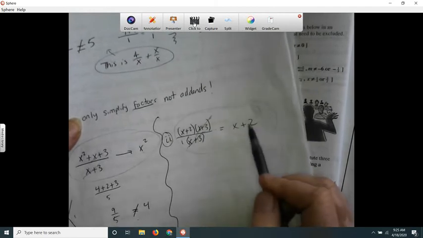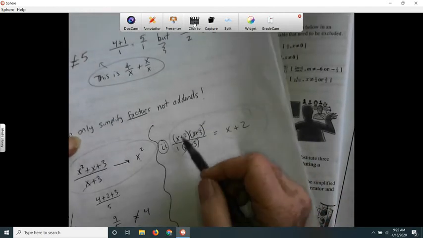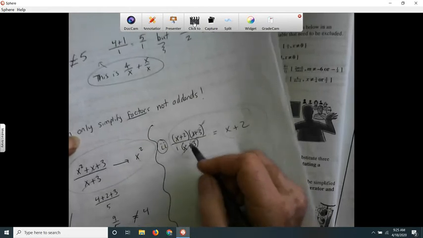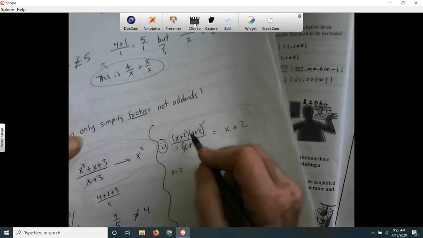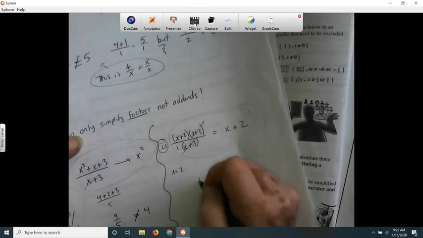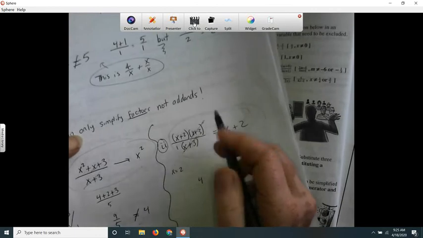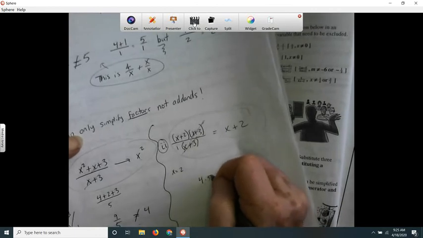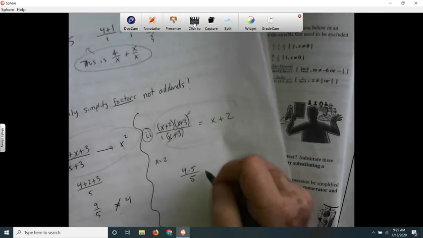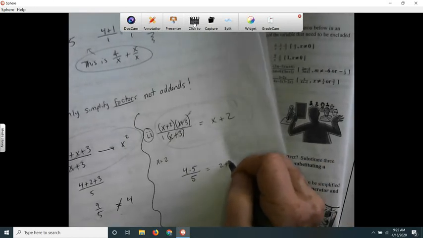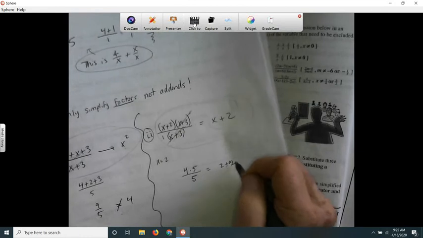And if you want to plug some numbers in, you can. I'm going to plug in for x equals 2. 2 plus 2 is 4. 2 plus 3 is 5. You can see those are going to cancel out. And then 2 plus 2 is 4. So do these cancel out? Yes, I get 4 equals 4.